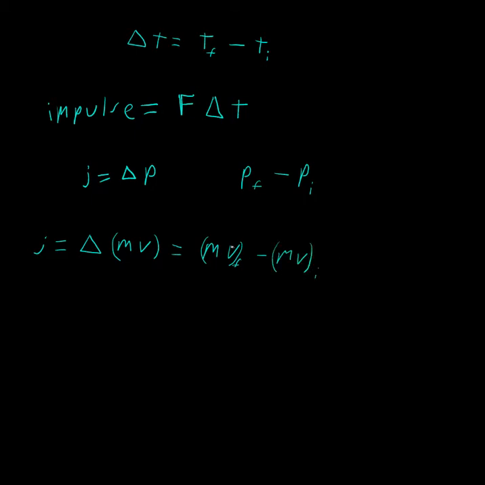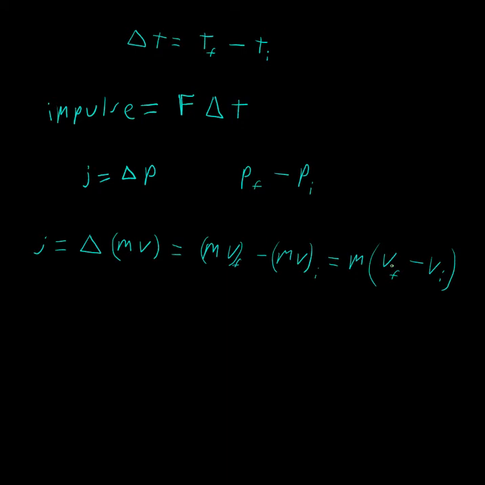And since our mass is constant, really we can take it out and we just have m times (v final minus v initial). So it'll be our mass times the change in velocities will be our impulse.